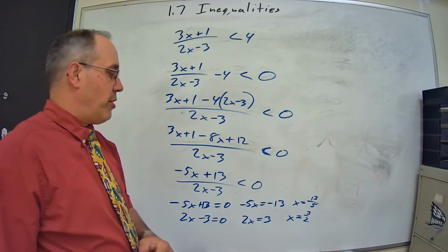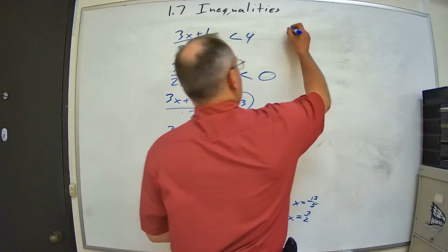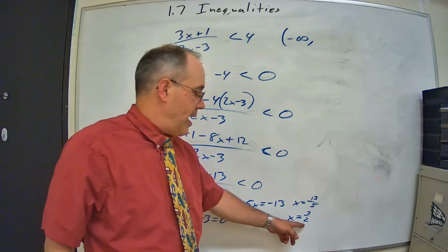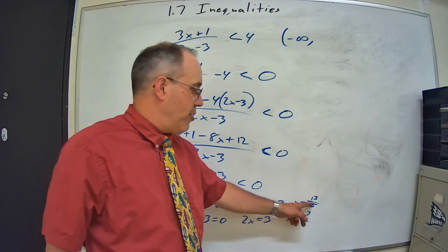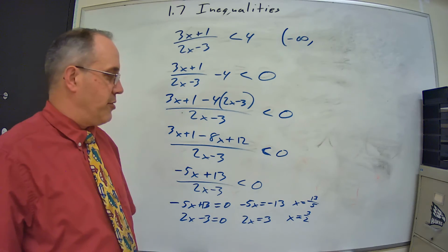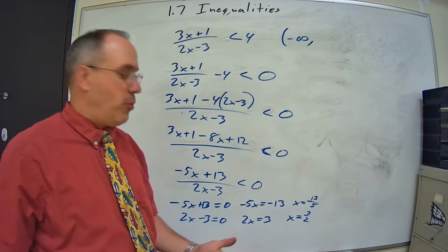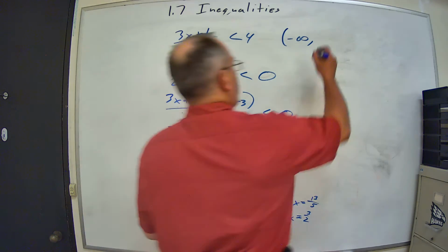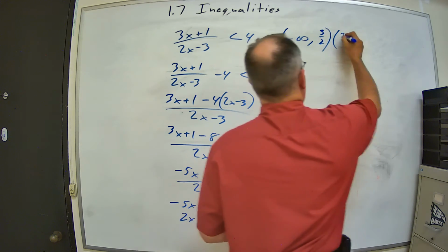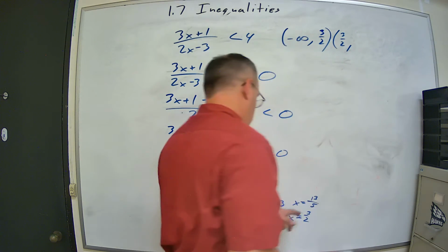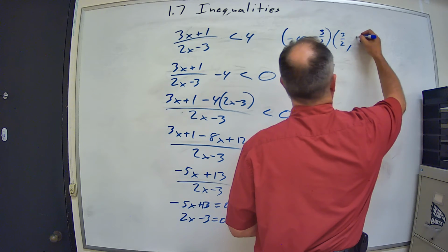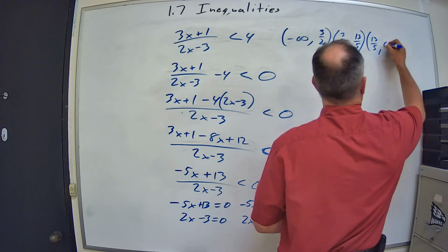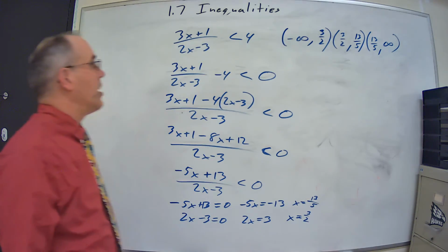So we're going to create our intervals from negative infinity to 3 halves, which is 1.5. 13 fifths is 2 and 3/5, or 2.6. So 1.5 comes first, so from 3 halves to 13 fifths, and from 13 fifths to infinity are 3 intervals.